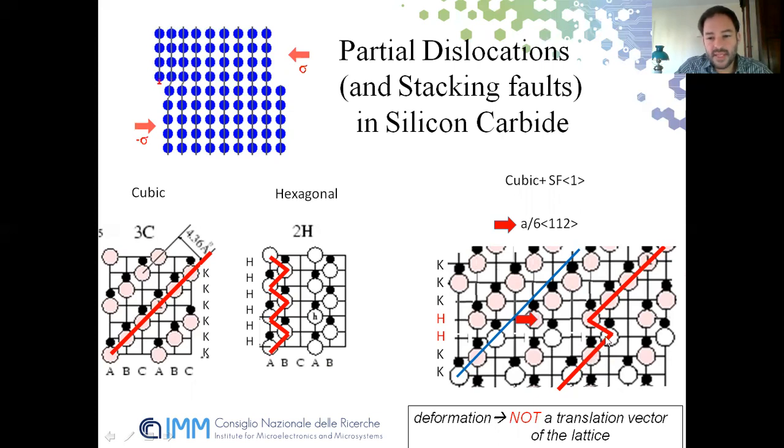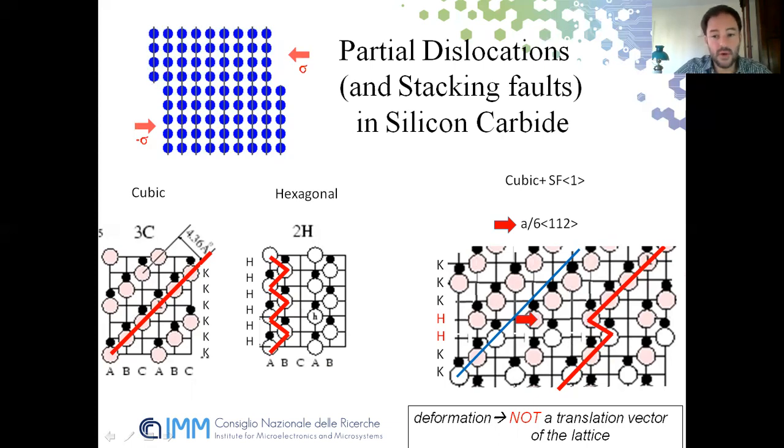So we have the structure represented here, a zigzag like this one. This means that we have a stacking fault, a fault in the stacking order of the crystal. When partial dislocations move into the crystal, they create this kind of structure, a stacking fault.